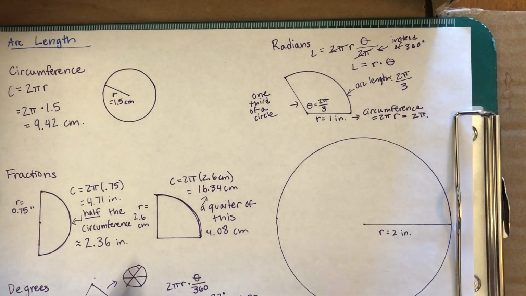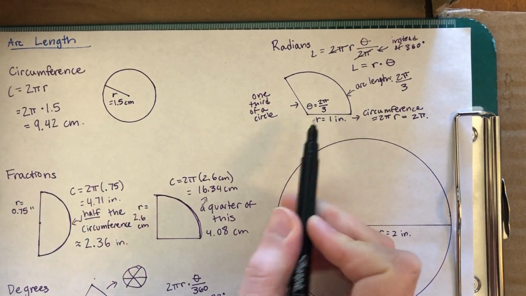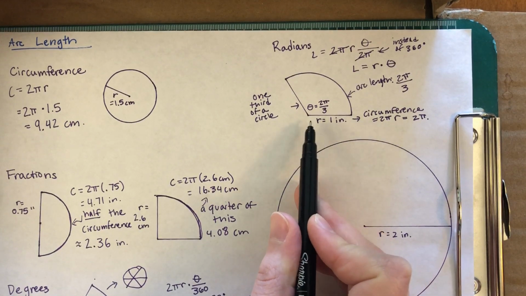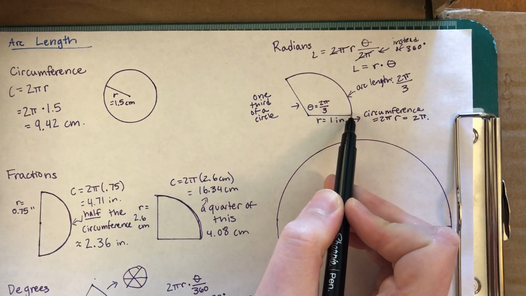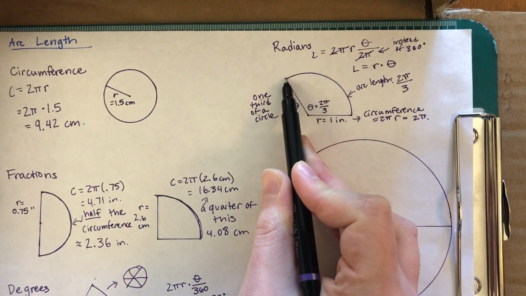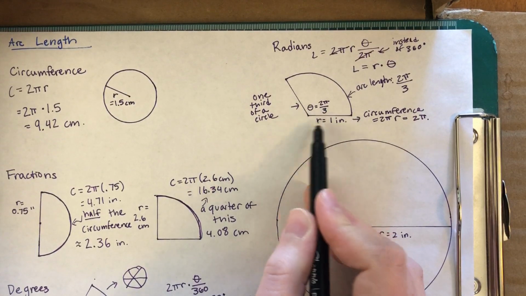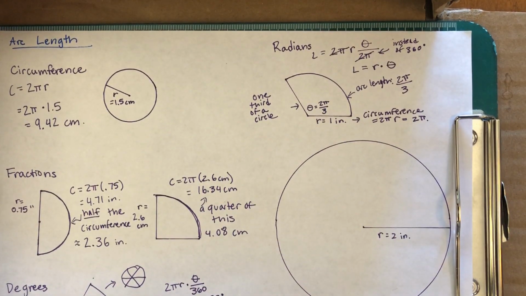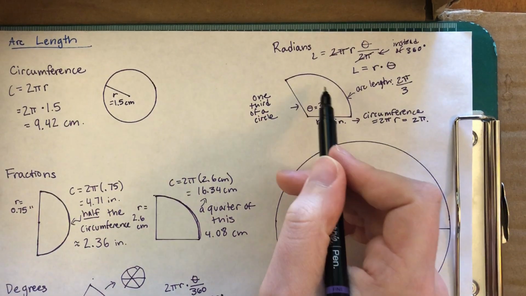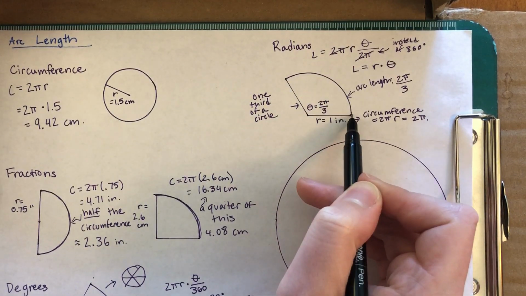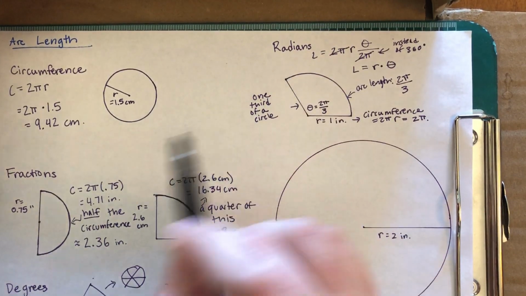Oh look, that's the same as the angle here. The radius was 1, so the length of this arc is the same as the measure of the angle in radians. And that's essentially what a radian is. It's saying how many times could I fit the radius along this circle.